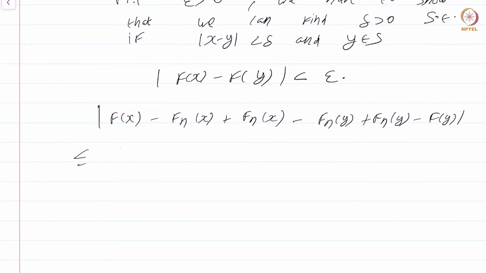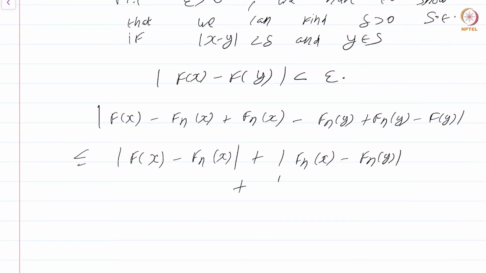We get less than or equal to |f(x) - f_n(x)| + |f_n(x) - f_n(y)| + |f_n(y) - f(y)|. This splitting into three terms repeatedly arises in analysis, so be very careful and try to understand what exactly is going on.